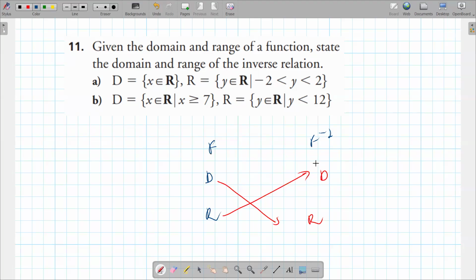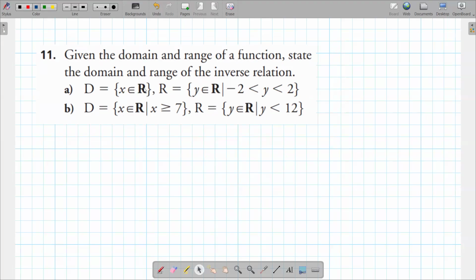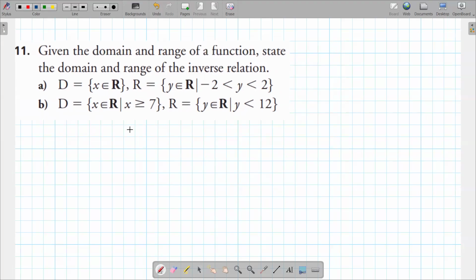That's how inverses are related to one another. So I'll do the first one, and then you're going to do the second. It's very simple. So for A, it says domain is x in R. Domain becomes range. So this domain of x in R is going to become the range of y in R.